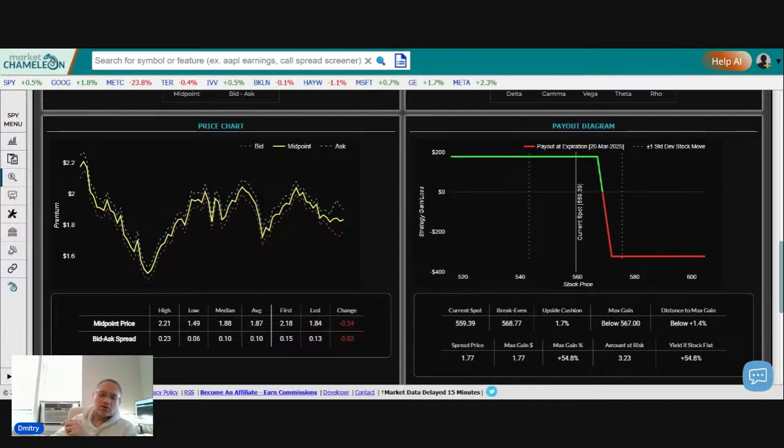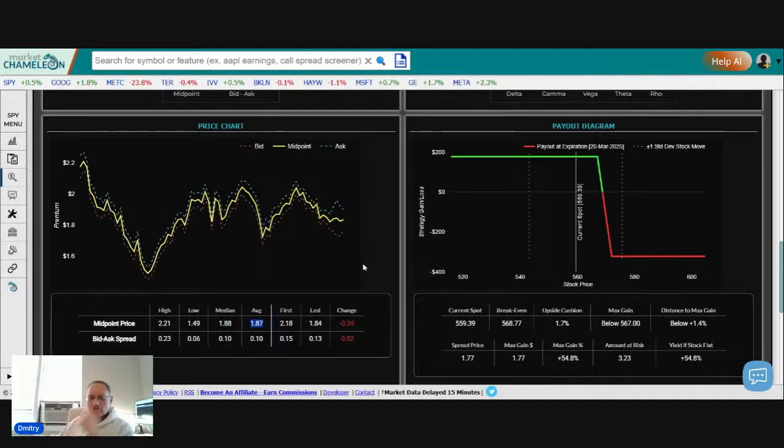Based on those bids and offers, we could see that it was as high as 2.21, the midpoint, as low as $1.49, median price $1.88, average price $1.87.